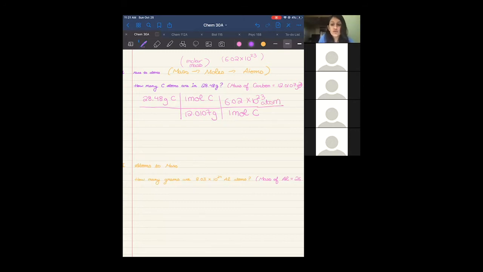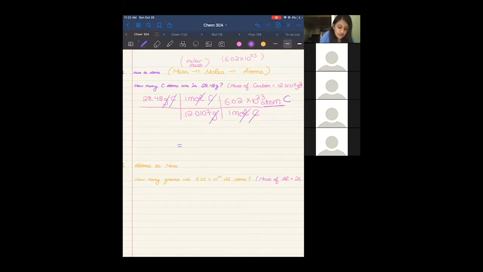And then we want to make sure we are canceling everything out. So we have grams of carbon, grams of carbon, moles of carbon, moles of carbon. In the end, we will have only atoms of carbon, okay?